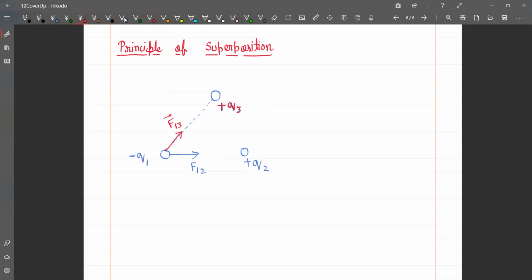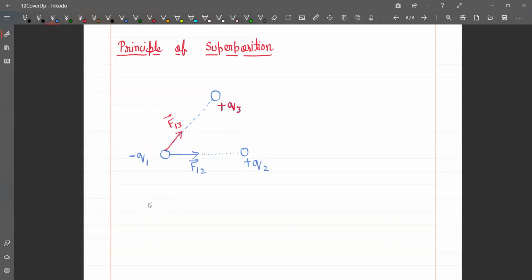Now, the principle of superposition says that due to the coming of this new charge, a new force arises, but this new force does not affect the old force.